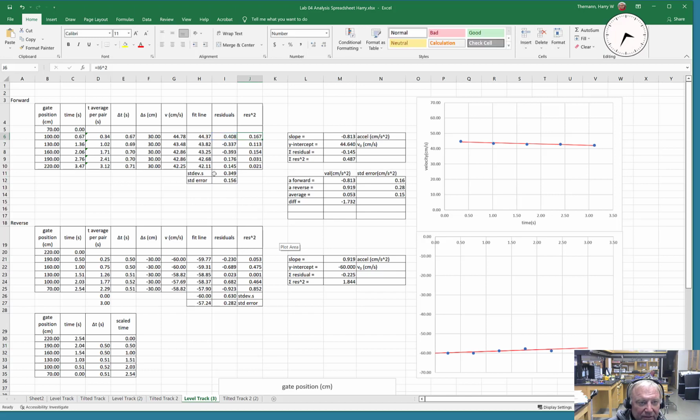Now I have this standard deviation and error. That's for something else. I don't believe we'd be doing that with this lab. I forget why I put it there. Oh, when we were safe at home, we had time to compare how the fitting works. I was demonstrating to the students that when you do a fit, the line represents some kind of average value.